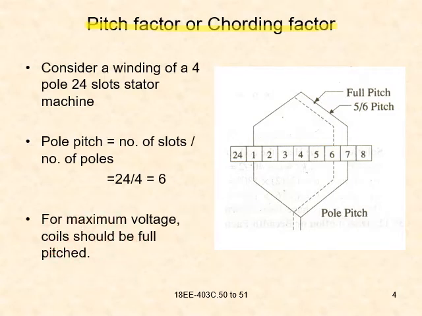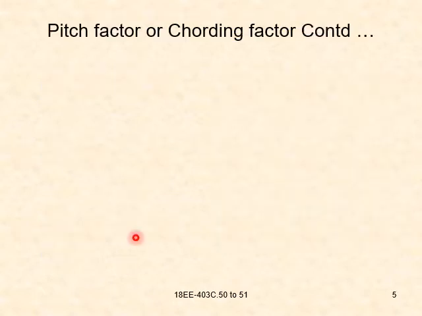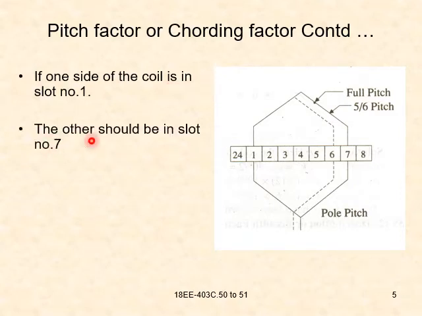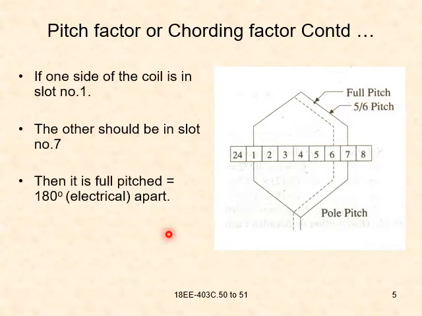In continuation, if one side of the coil is in slot number 1, the other should be in slot number 7, and then it is full pitched.